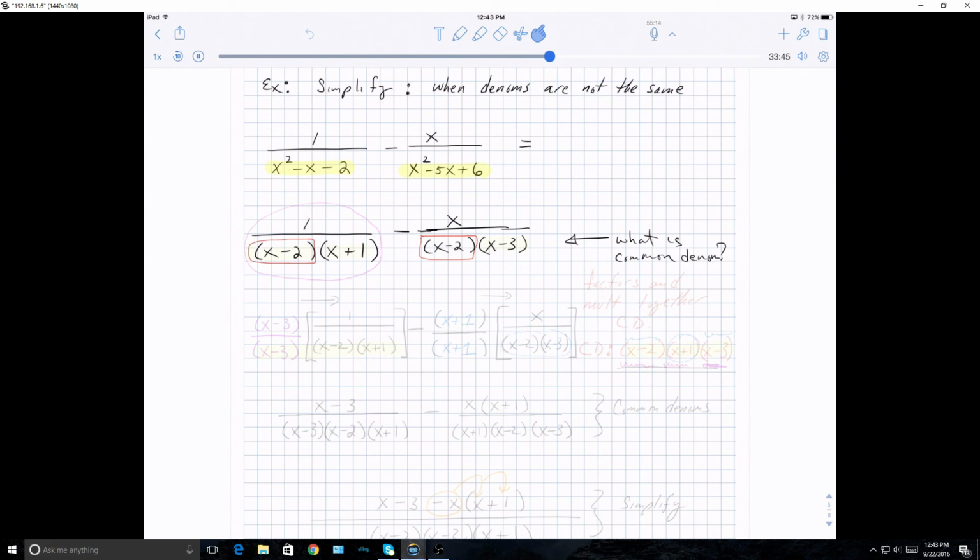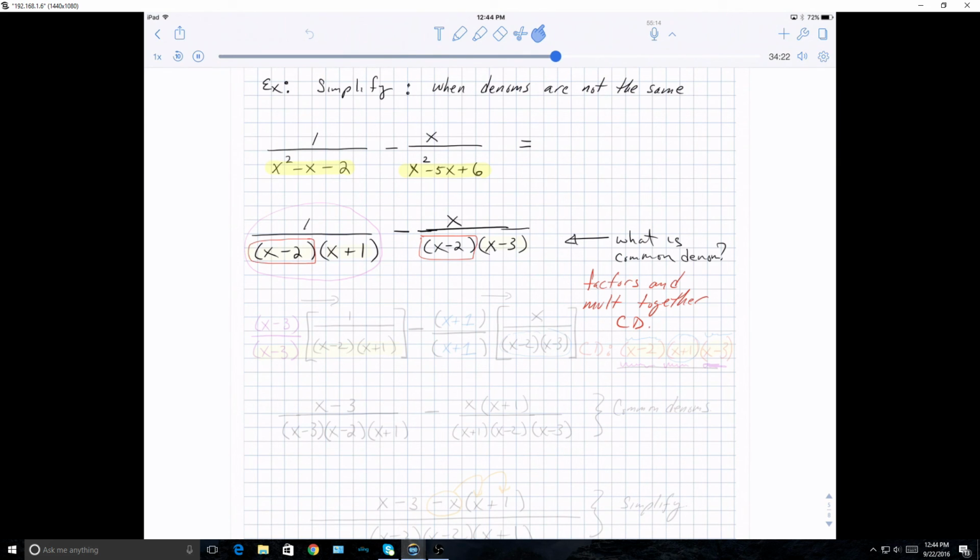If we think about what a common denominator is, it just means that they have to be part of the same whole, so we have to make one giant piece here. If we take all of the factors and multiply them together, then we have a common denominator.